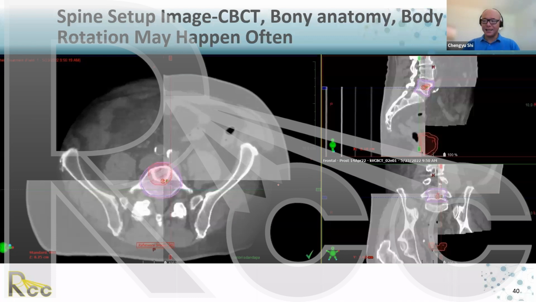If the patient does lose a lot of weight, make sure the matching parts are not in the beam path. If you use the whole body, the good news is the photon planning will forgive those differences. You may replan after that, but that fraction is okay. So just do another scan and replan it, okay?